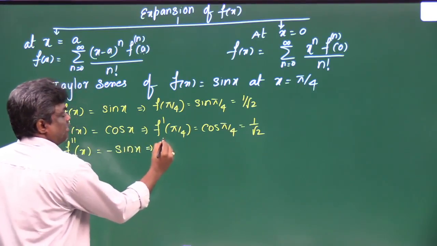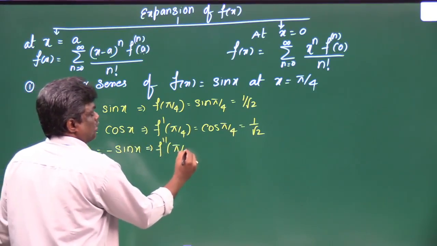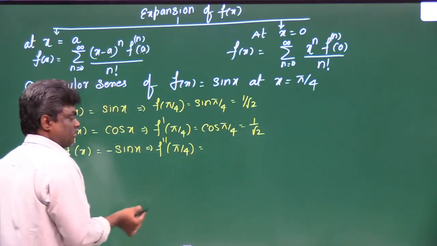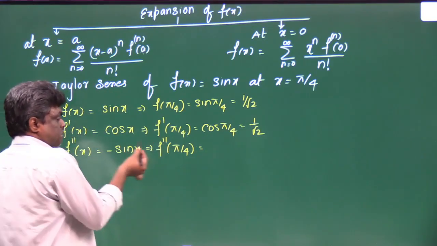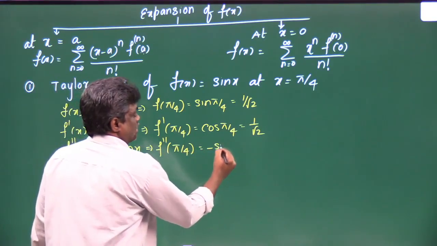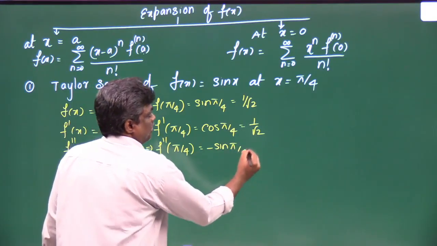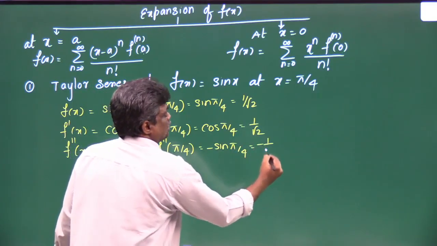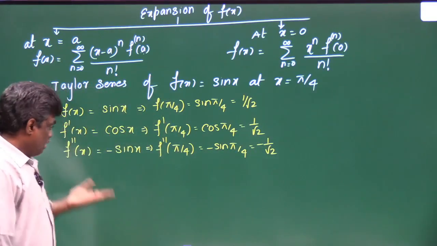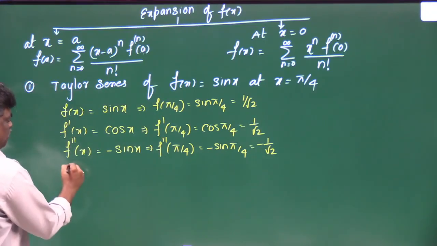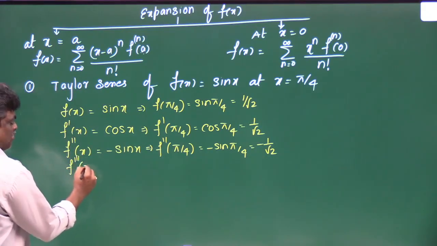So f double dash of pi by 4 is minus sin pi by 4, which is equal to minus 1 by root 2. And like that, just find a few terms.